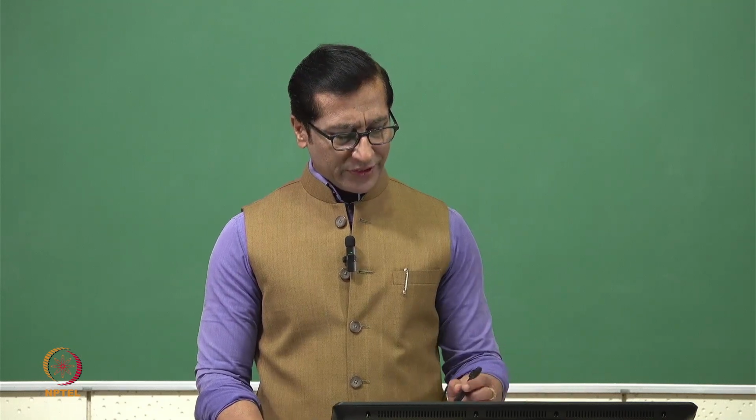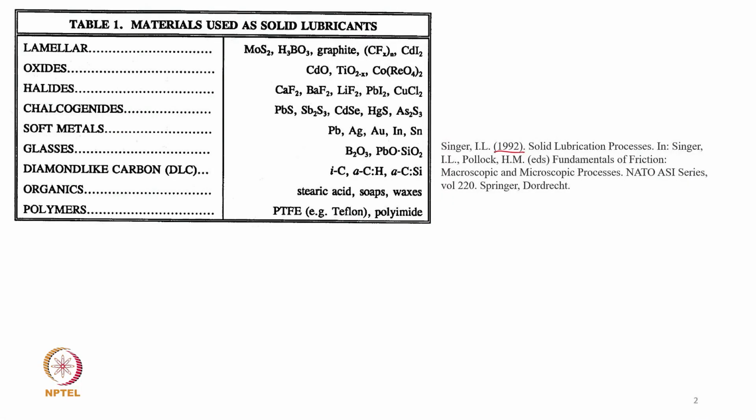Now if I refer to this 1992 paper about the solid lubrication process, Singer has mentioned a number of solid lubricants, or materials which can act as a solid lubricant.